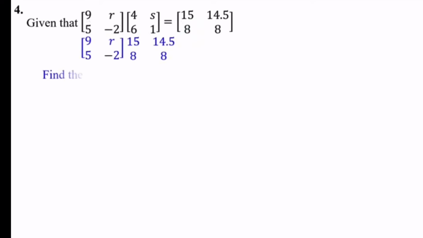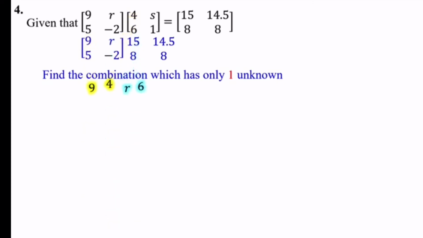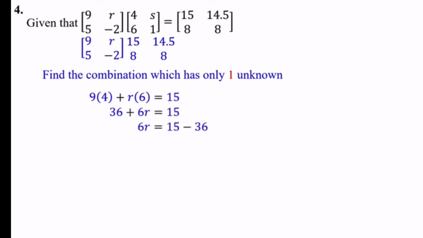It is 9 times 4, right? 9 times 4 in yellow color, plus the r times 6 equal to 15. So 36 plus 6r equal to 15. So we can solve the r, right? So the r is negative 21 over 6 or negative 3.5.